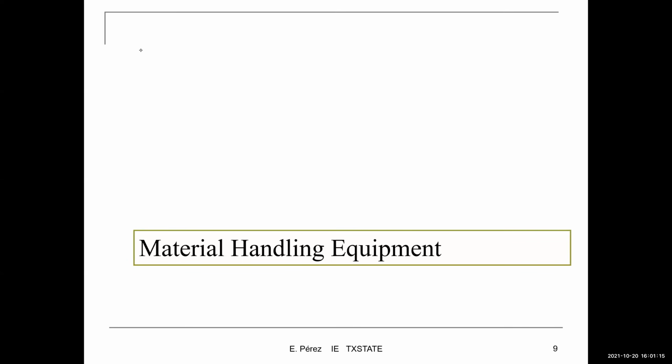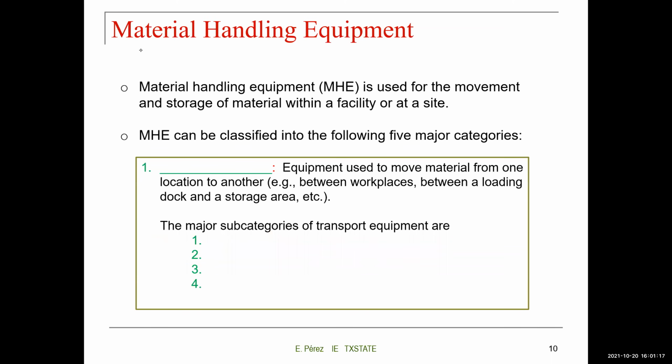So material handling equipment is used for the movement and storage of material within a facility or a site. And material handling equipment can be classified into the following 5 categories. The first one is transport equipment, which is equipment used to move material from one location to another location.